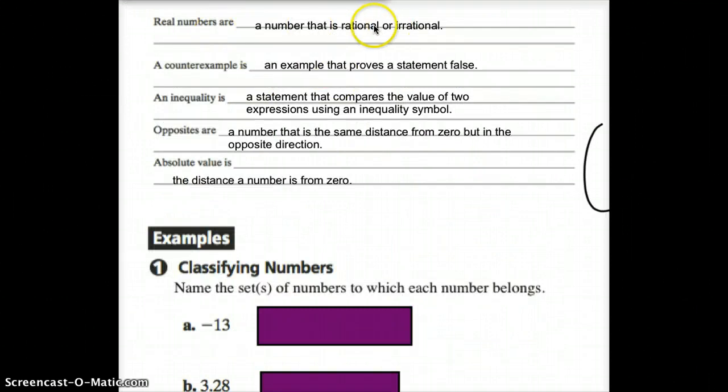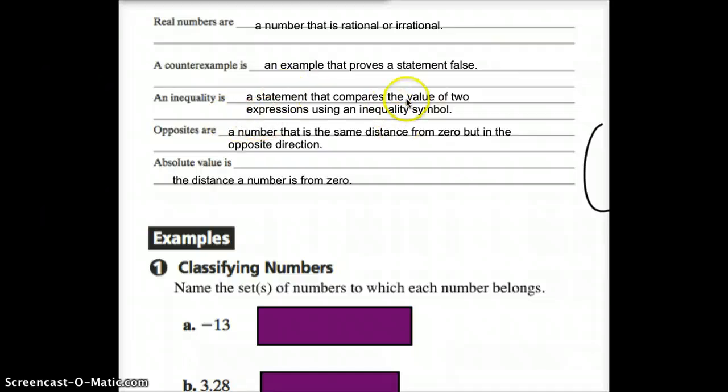Real numbers could be rational or irrational. And then we have some of these funny little phrases. A counterexample is an example that proves a statement false. So if I say I am perfect, and then you say, Mrs. Mona, you have a mistake on the board, that's a counterexample to prove my statement false.